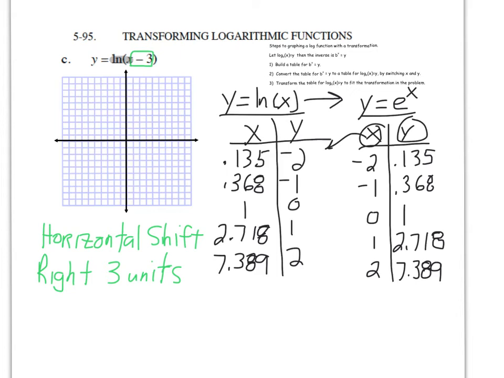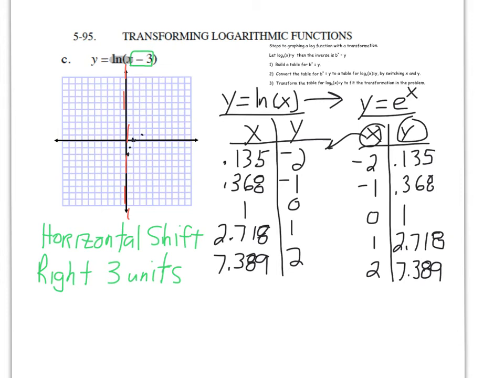Let's graph the ln of x. First thing I want to do is draw in that vertical asymptote, and then plot these points, 0.135, -2, so it's going to be right in there. 0.368, -1, that's right about there. 1, 0, that's our locator point. 2.718, 1, that's right up there.